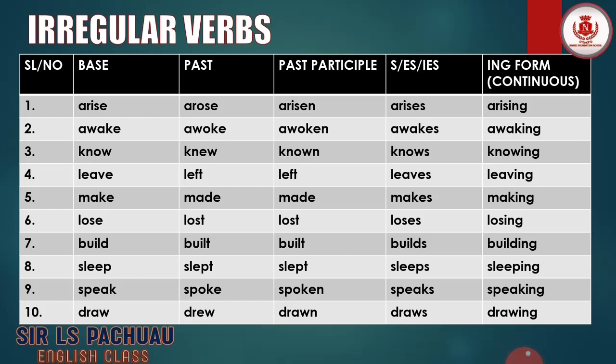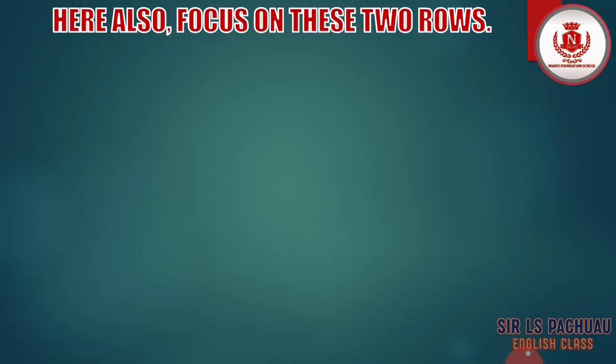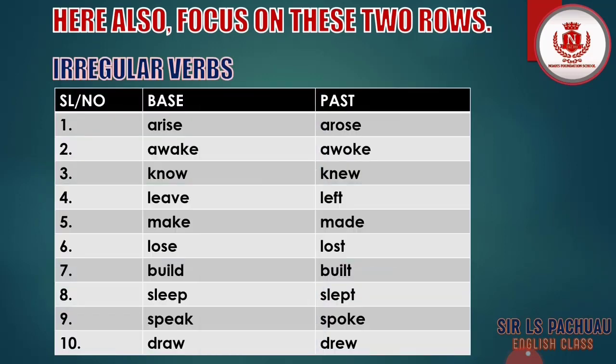So those kinds of words are called irregular verbs. The past tense without the ed are called irregular verbs. Understand? So you also again focus only on the two rows or the columns.